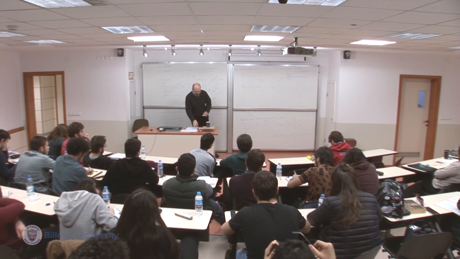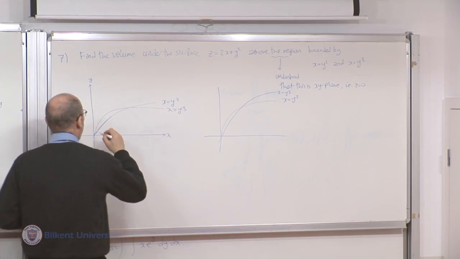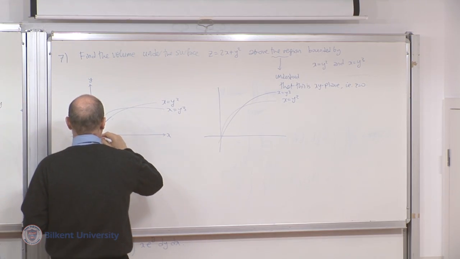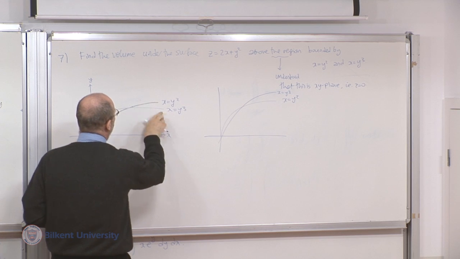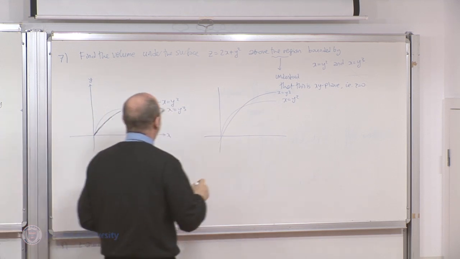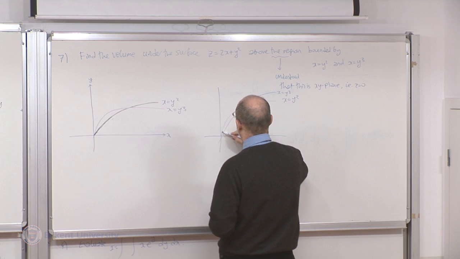Okay, so you decide which one is which. So here, let's say y square one we are drawing with black. Of course, this is not going down, but I just put it this way. And here, the black one is this.